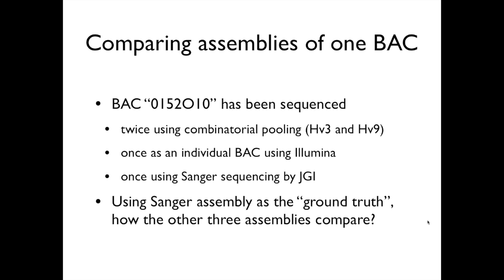Just to give you one data point, this is just one BAC assembly that was sequenced twice, in two sets, HV3 and HV9, and also was sequenced once as an individual BAC. This is to give you an idea about how these assemblies compare, for this BAC using combinatorial pooling compared to doing a single BAC with just barcoding.